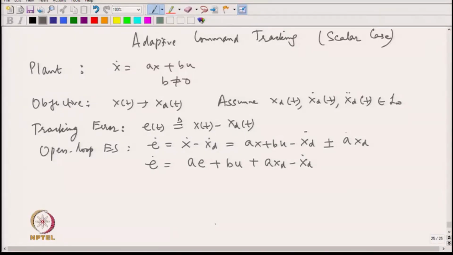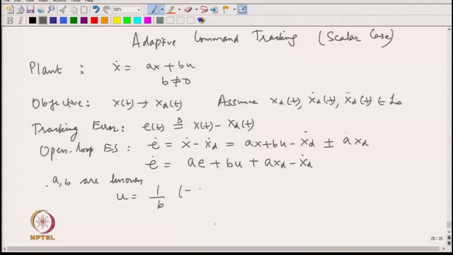Now, assuming that A and B are exactly known, how would you design the controller u? So, I make the assumption that A and B are known. Then we could design the controller u as 1 over B times something. We want to cancel terms that are unwanted here.